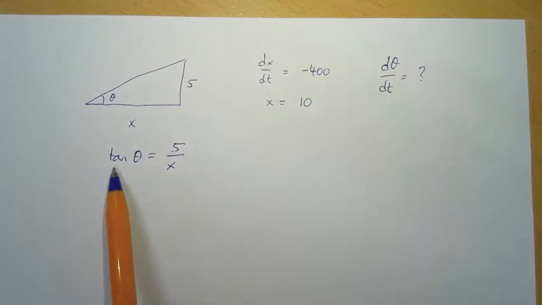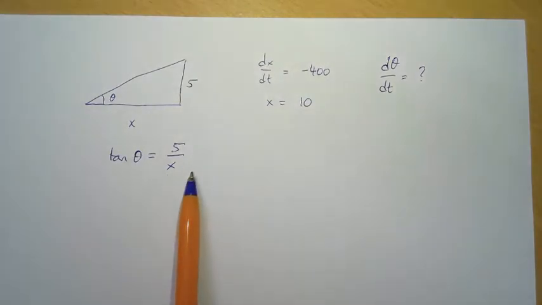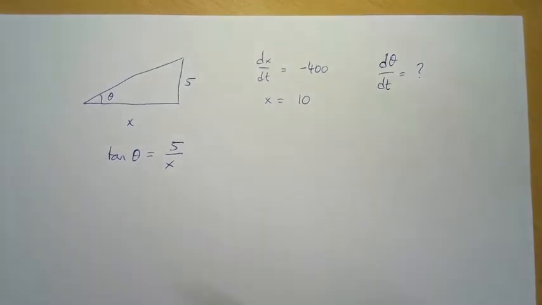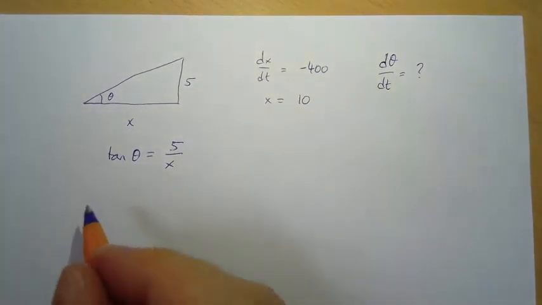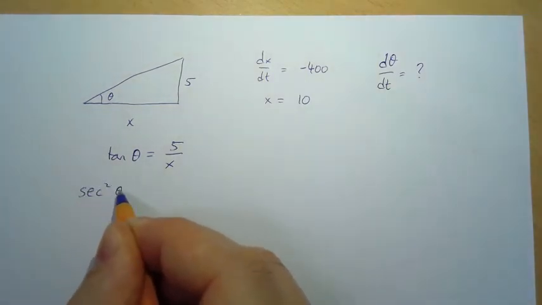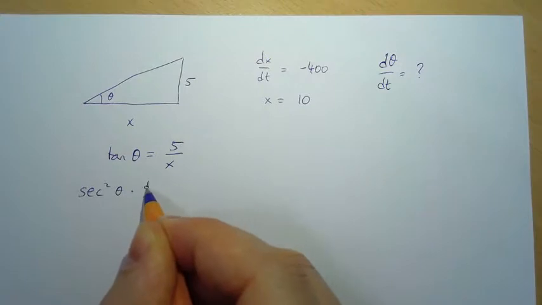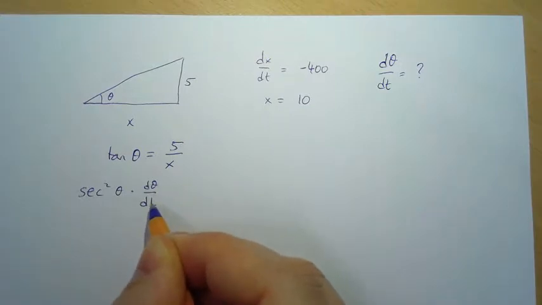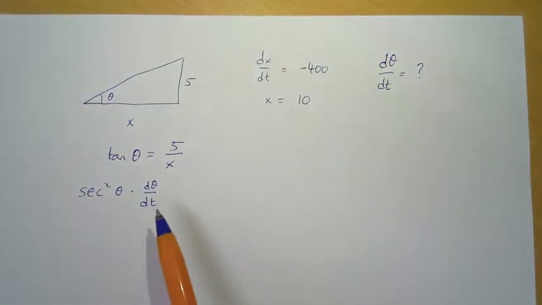So quite clearly we want to take the derivative of that to make d theta dt appear in an equation. The derivative of tangent theta is secant squared theta times d theta dt. Again, because I'm differentiating in terms of a variable t that is not theta, I need to multiply by d theta dt.